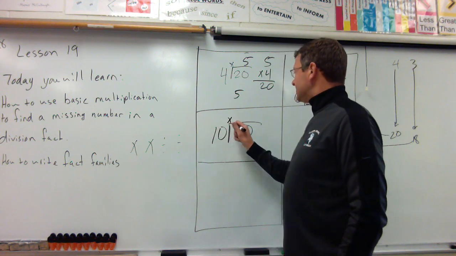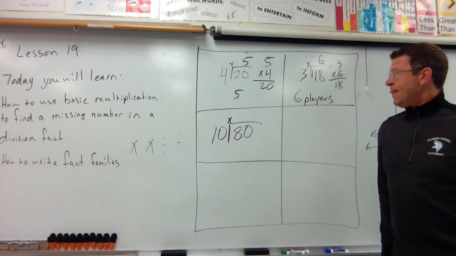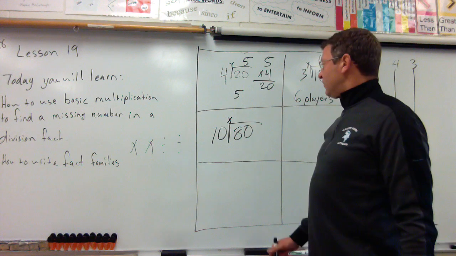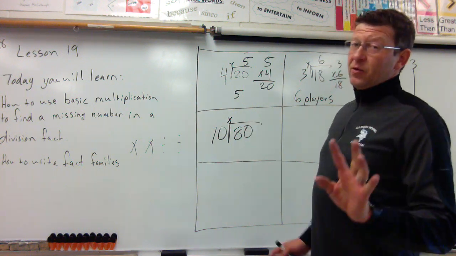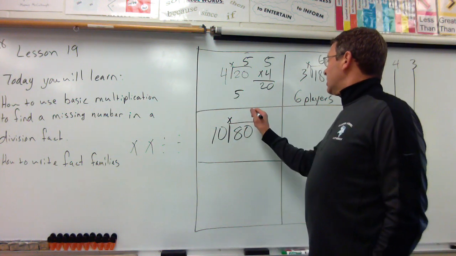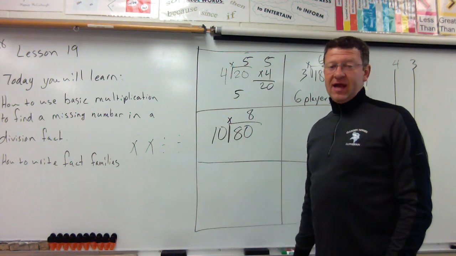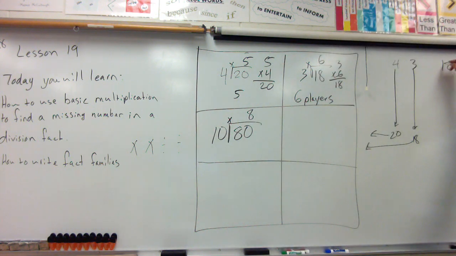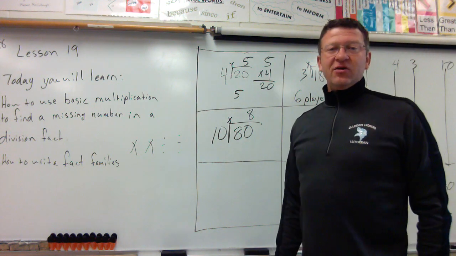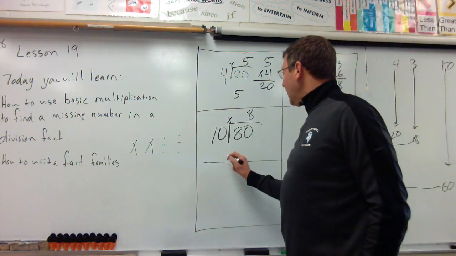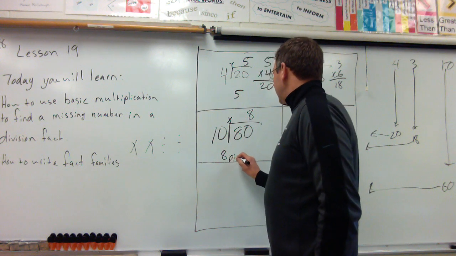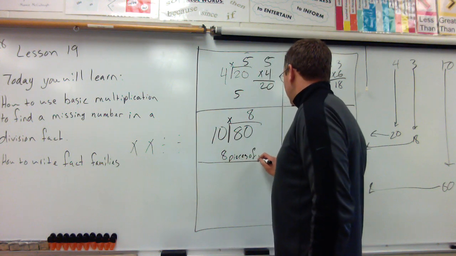Or we can say it like this. 10 times what number equals 80? Depending on what you like, dividing or multiplying, you should come up with the answer of 8. Get on the 10, slide all the way down to the 80, shoot out to the side, and you'll get 8. 8 what? 8 pieces of paper.